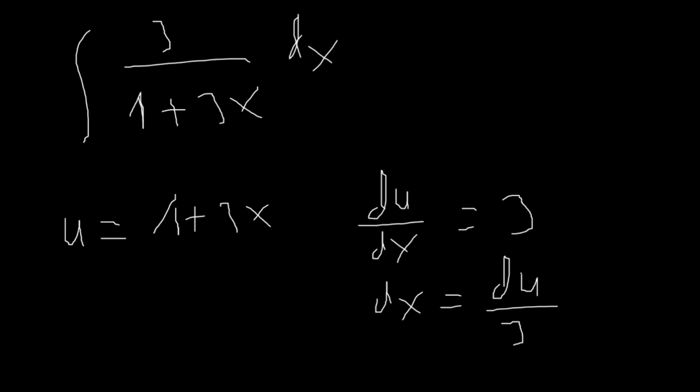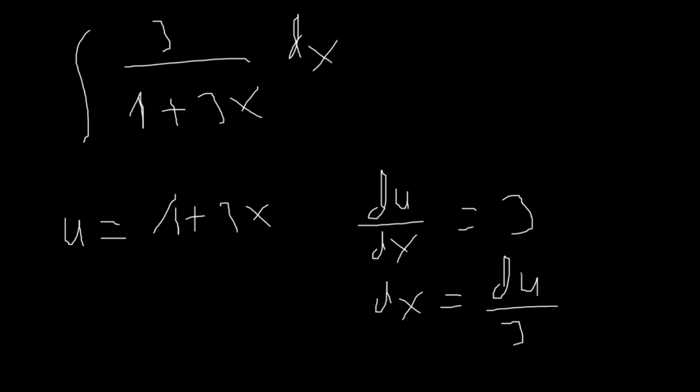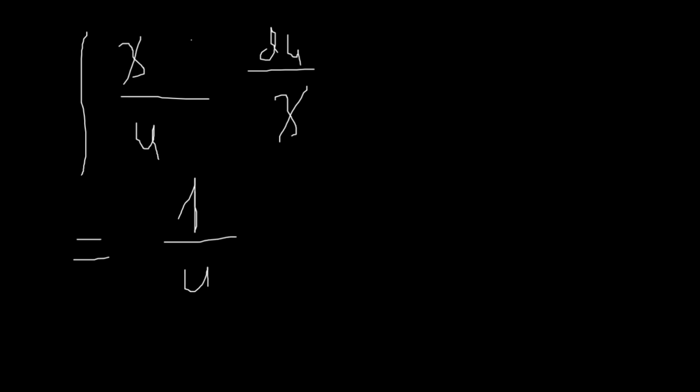Hence, our new integral will be the integral of 3 du on 3, because we substitute dx, du all over 3, all that all over u. The 3s will cancel. You are going to be left with 1 on u, and that is equal to ln u.